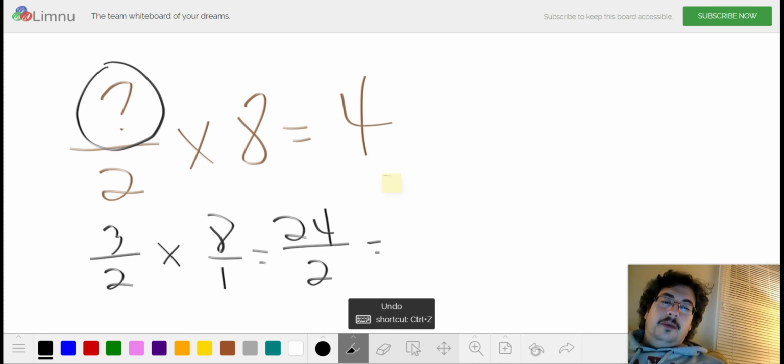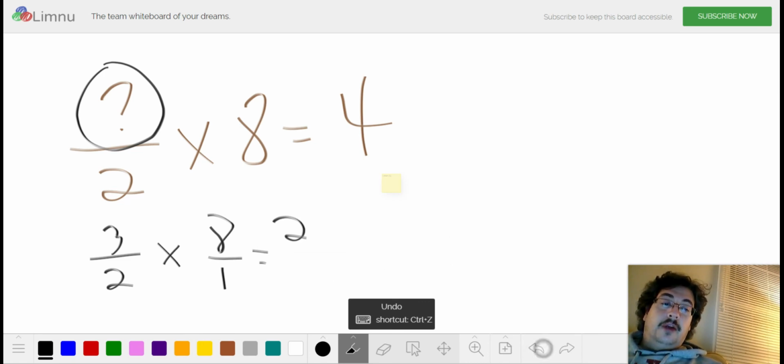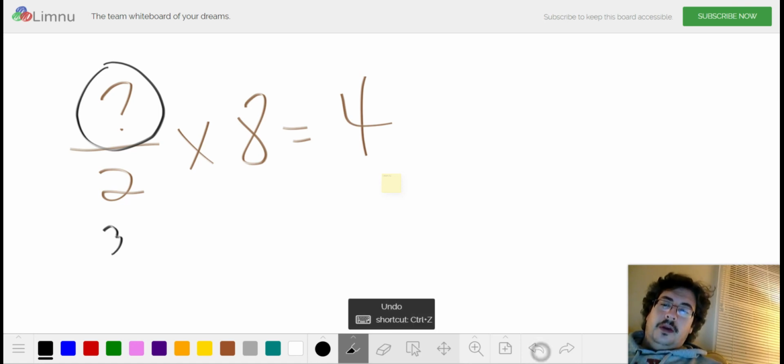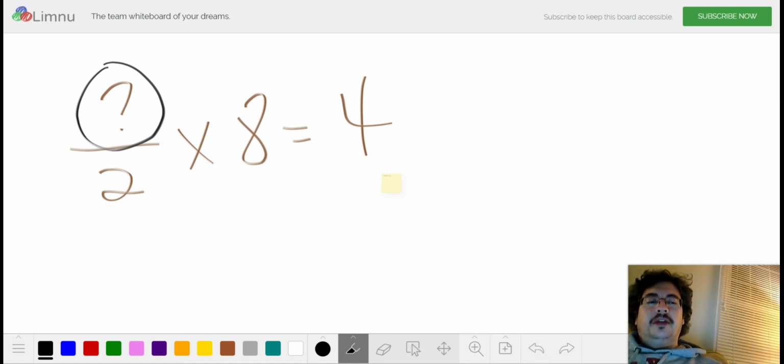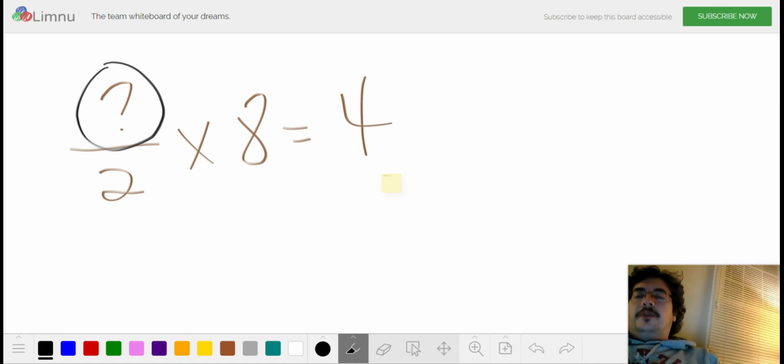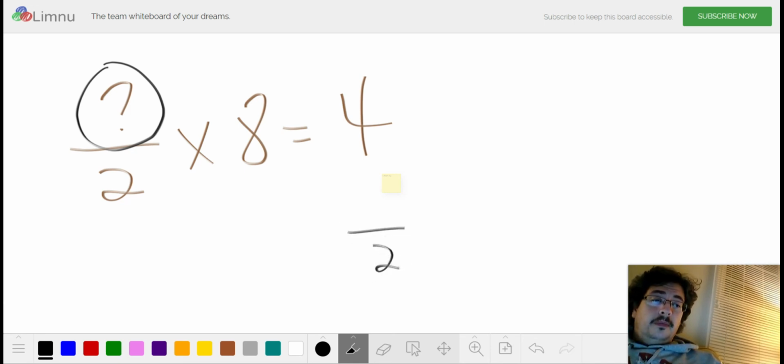So that would leave me with 2 more options, right? I could try 1, I could try 2. But I'm going to use a little bit of algebraic thinking here and my knowledge of multiplying fractions to narrow in on the correct answer. Because I'm multiplying a fraction with a denominator of 2 by 8, I know that the unsimplified product is going to have a denominator of 2.